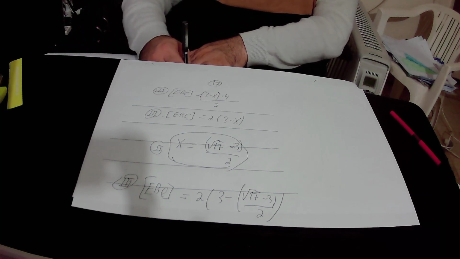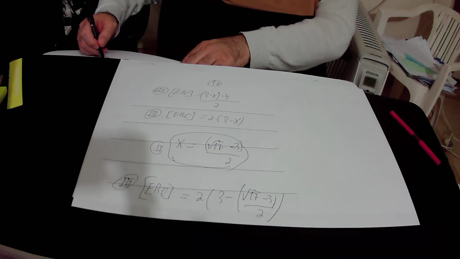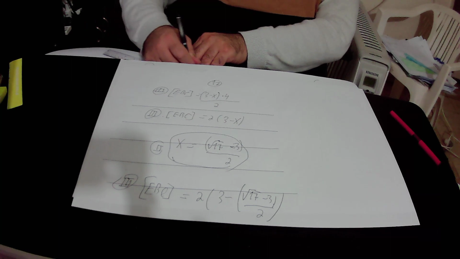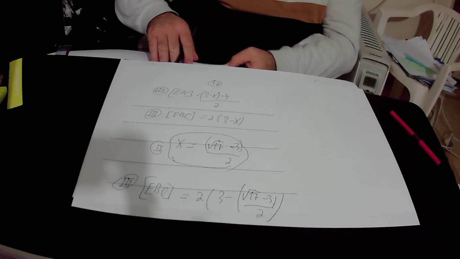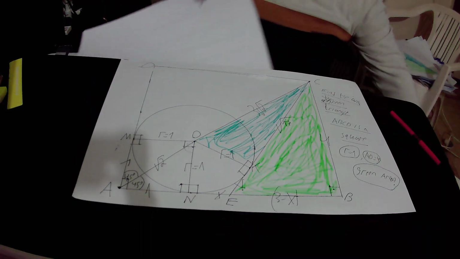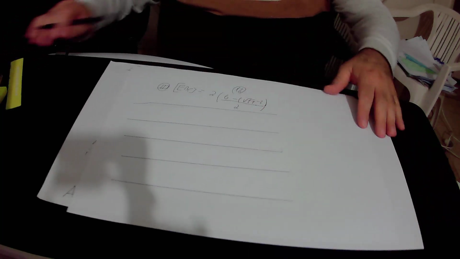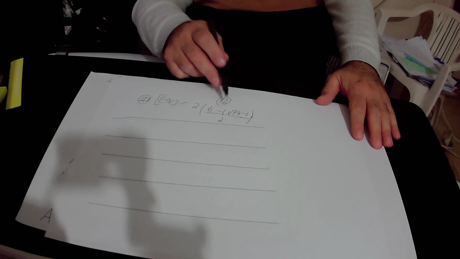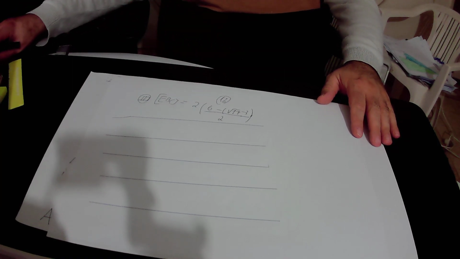So the area of the green right triangle, triangle EBC, according to equation number 3, equals 2 times 6 minus square root of 17 minus 3 over 2. 2 over 2 is 1, so the 2 will get cancelled.